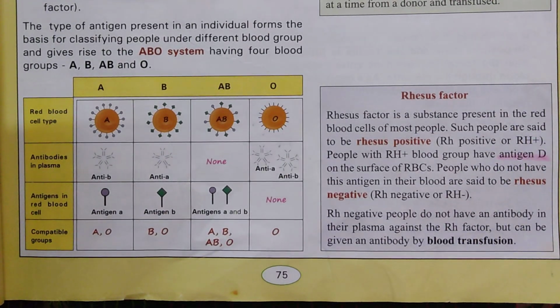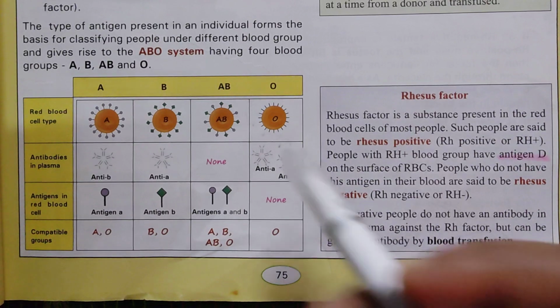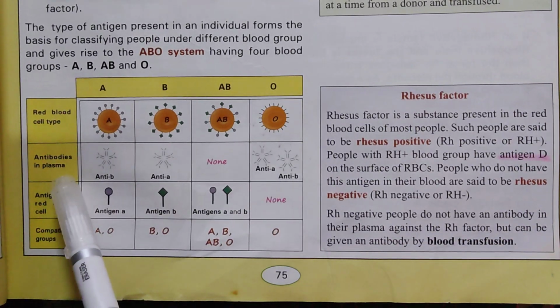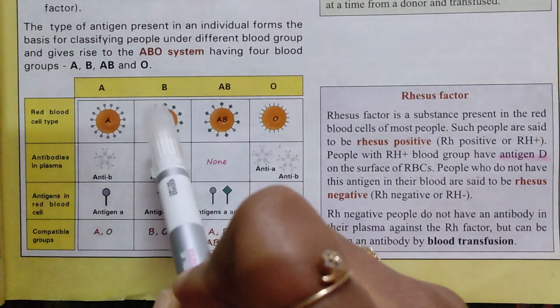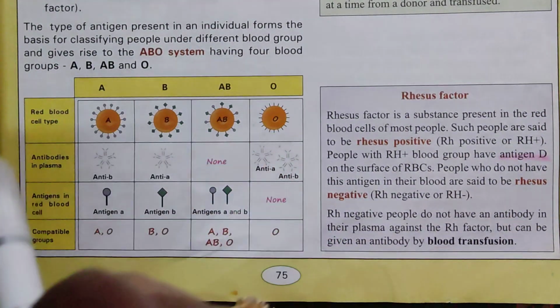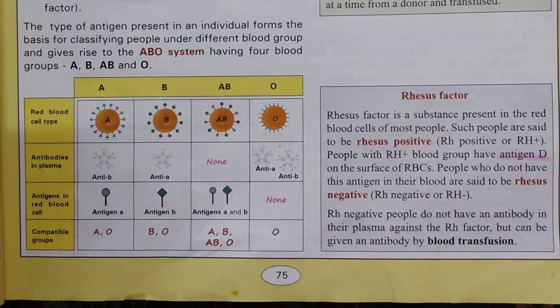Antigen is a type of protein. If there is a presence of antigen in your body, there will be formation of antibodies in your body. Got it? There is antigen, there will be formation of antibodies.